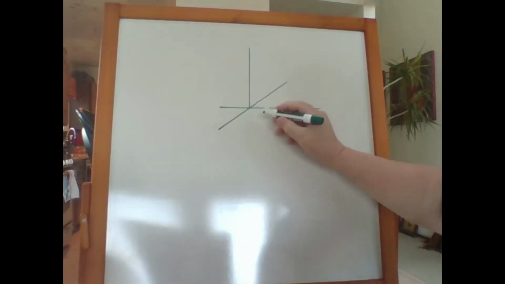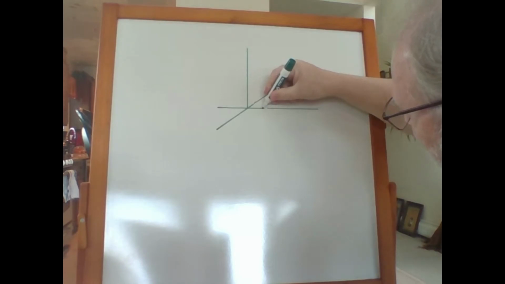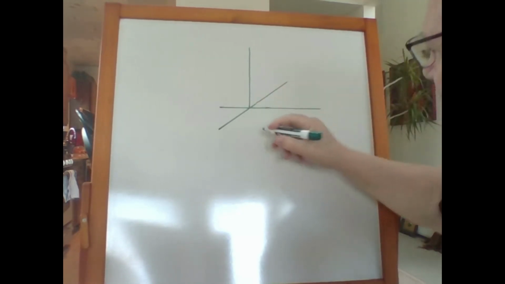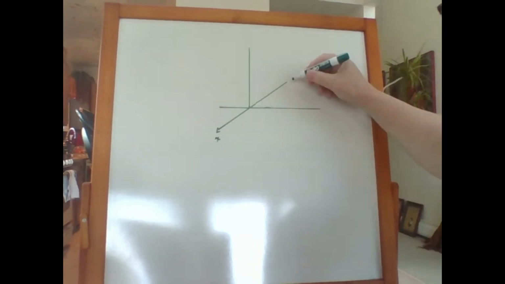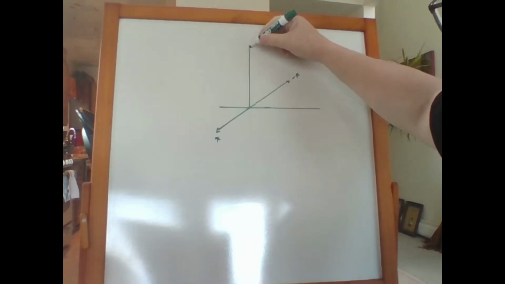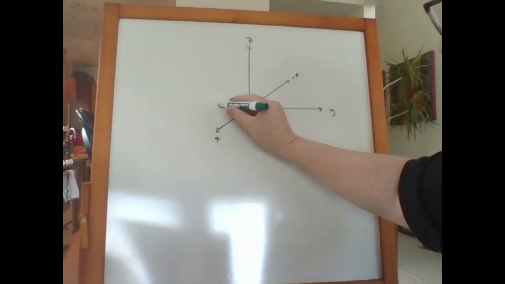We call this x, negative x, z, and y, that's negative y.